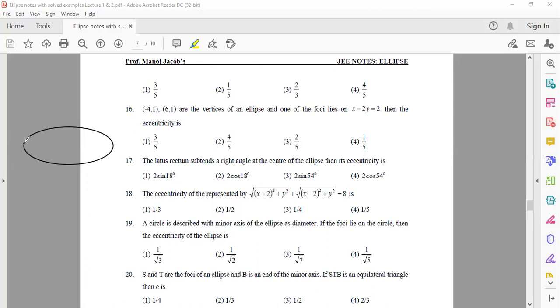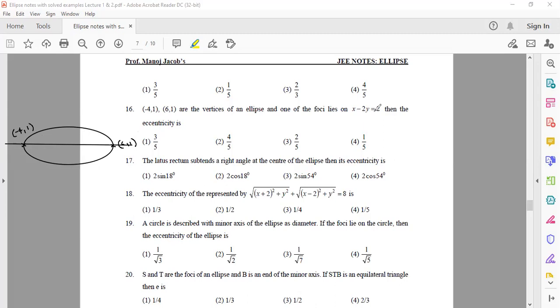This point is (-4,1). This point is (6,1). And one of the foci lies on x minus 2y equal to 1.